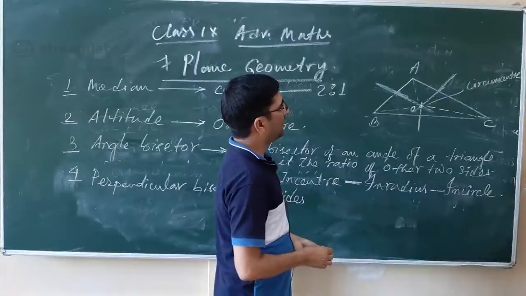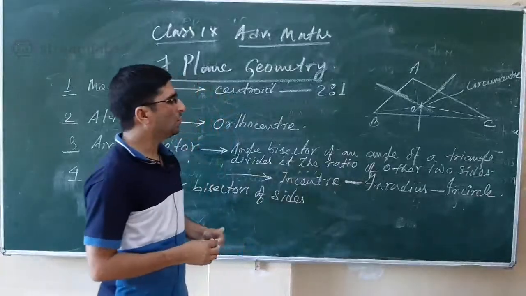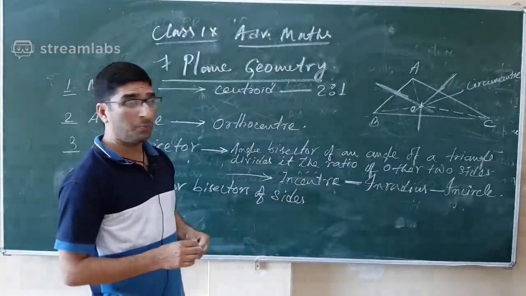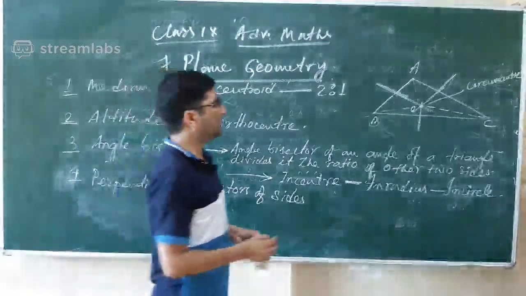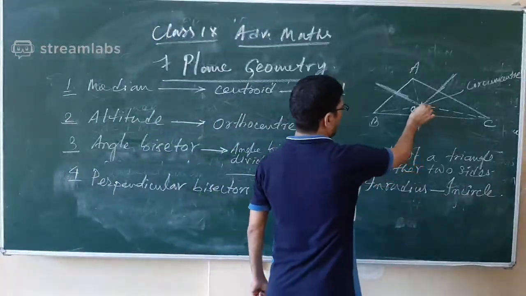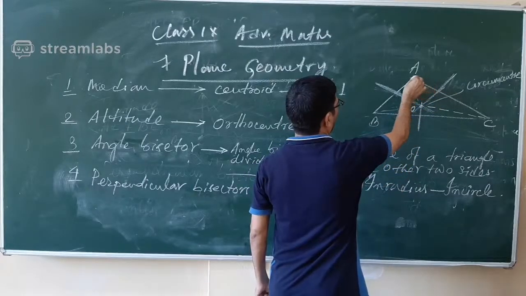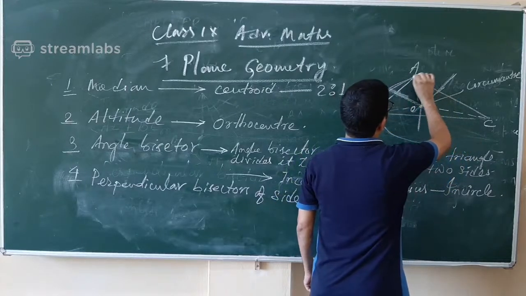That means, my dear, by taking circumcenter as center, we can draw a circle which will pass through the 3 vertices. Taking this center and OA, OB, OC as radii, we can draw a circle.